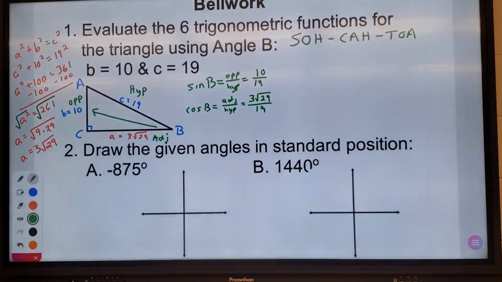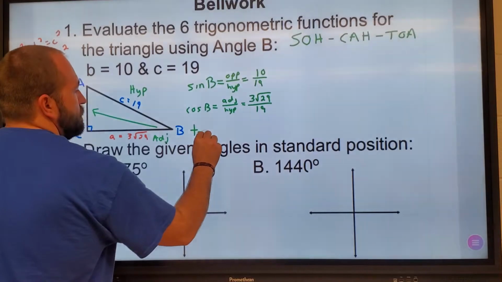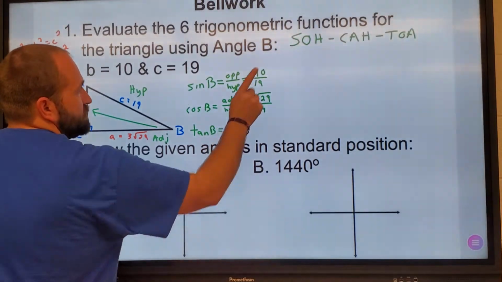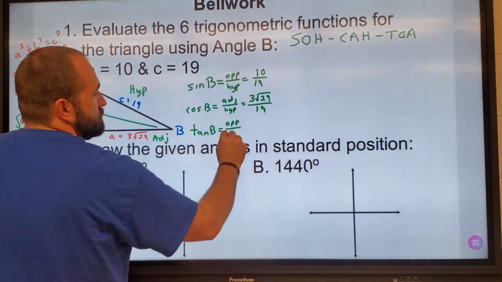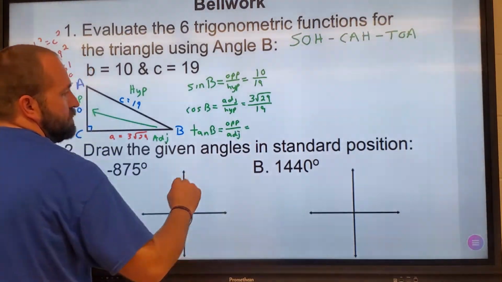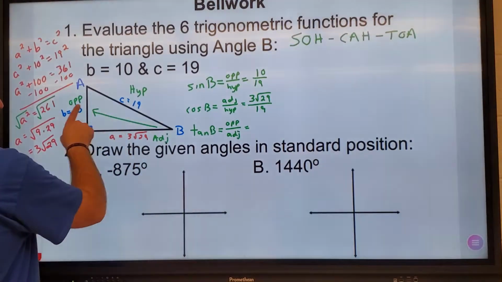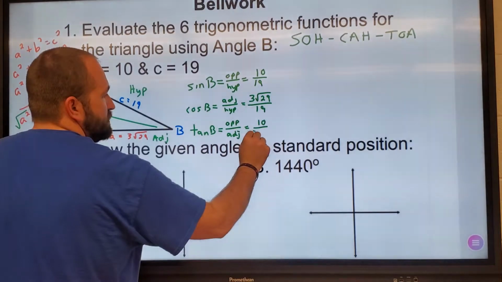Okay. And then if I go with tangent, tangent of B is my opposite over my adjacent, which ends up being my opposite is 10 over 3 square root of 29.